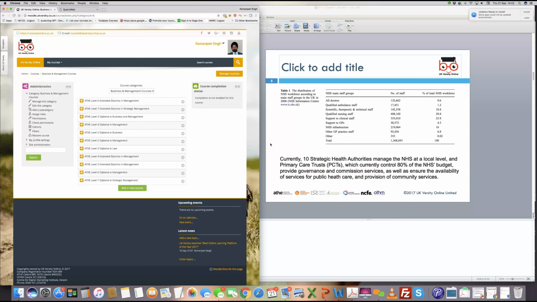So these are trusts which manage hospitals and budgets for hospitals or surgeries in a particular area. There are 10 such trusts in England and Wales. But when we combine England, Wales, Scotland, and Northern Ireland, we have about 20 PCTs which manage the entire NHS operations across the UK. They are the ones which approve the budget, hold the budget, provide governance, and provide contractual services.